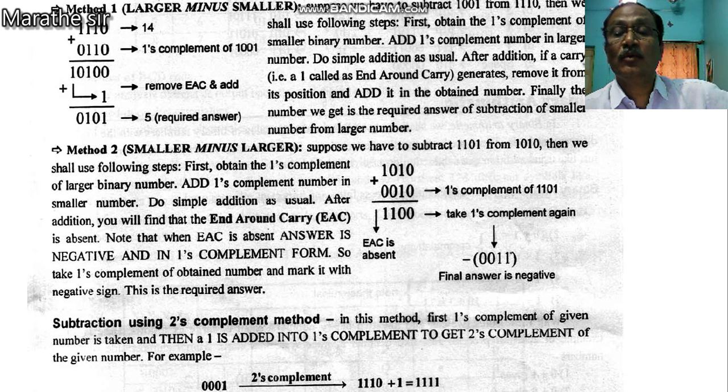So take the one's complement of 1101 and add it, and we get the answer 1100, and our carry is absent, that means the answer is negative. At that time, take the ones complement of that addition 1100, so we finally get minus 0011. The final answer is negative.